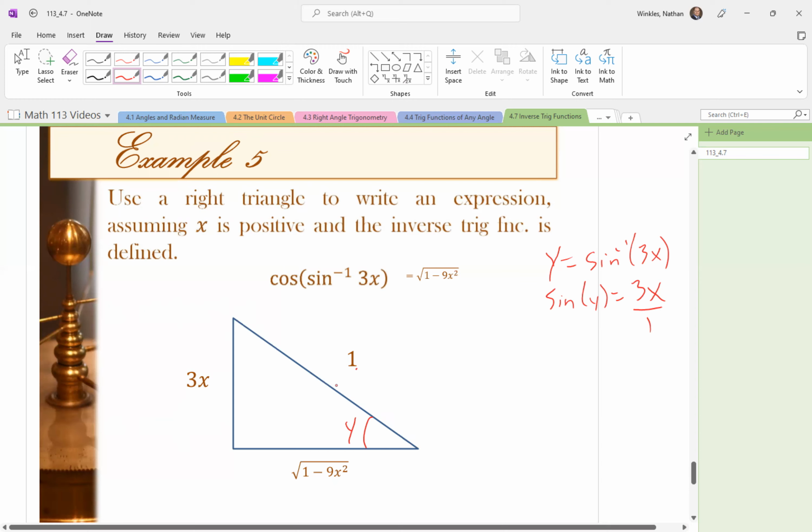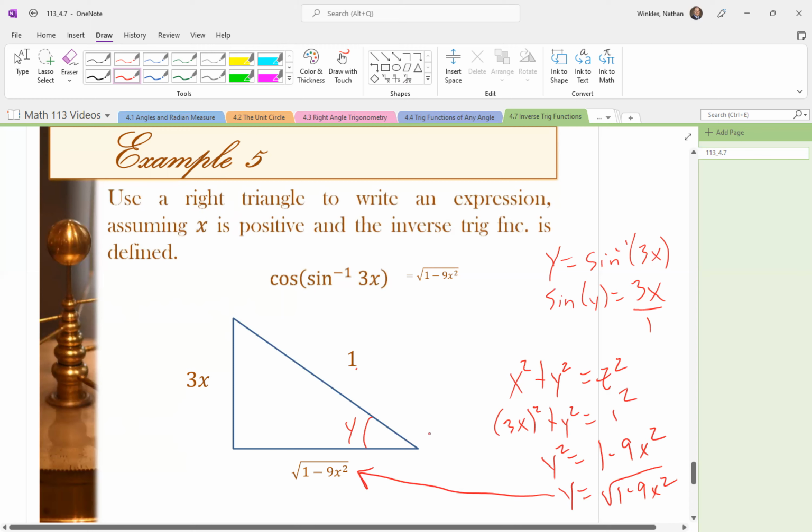So 3x and 1. By using x squared plus y squared equals z squared, we end up with 3x all squared plus y squared equals 1 squared. y squared equals 1 minus 9x squared. y equals the square root of 1 minus 9x squared. And that's how we got to here.